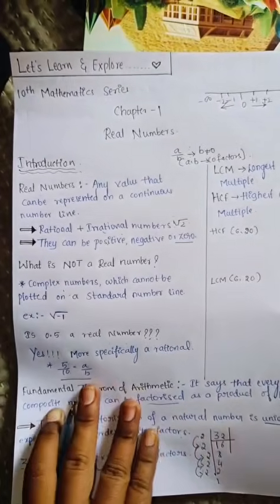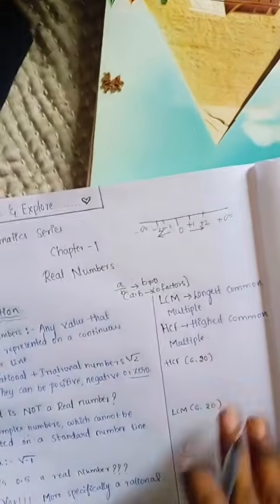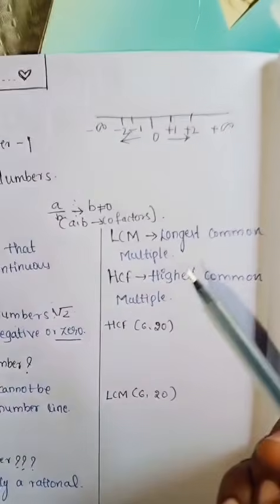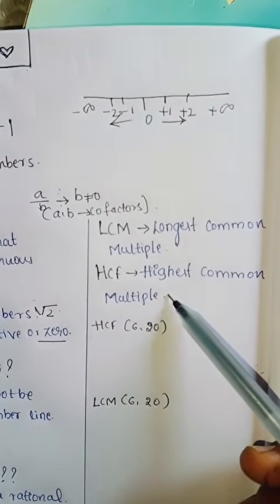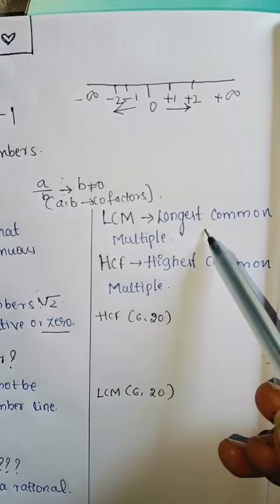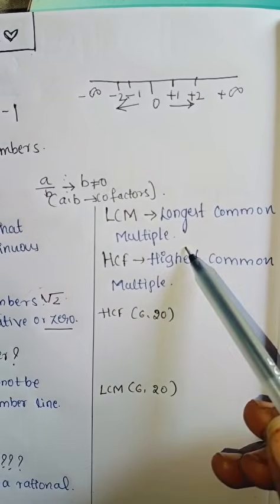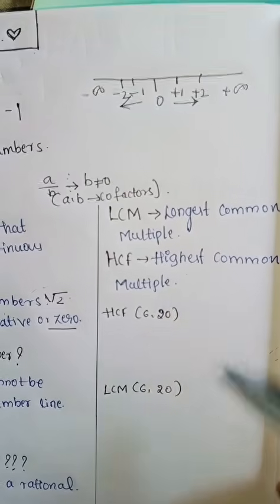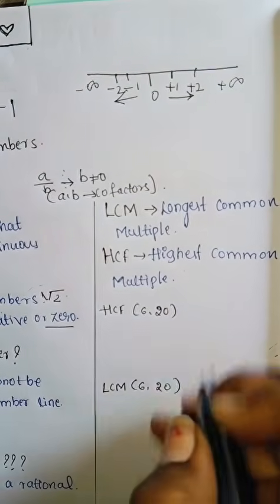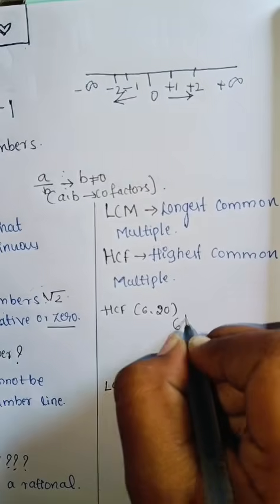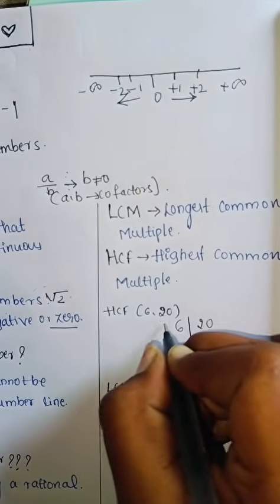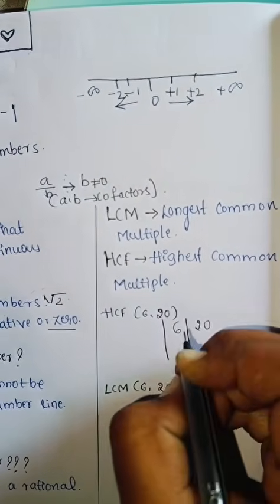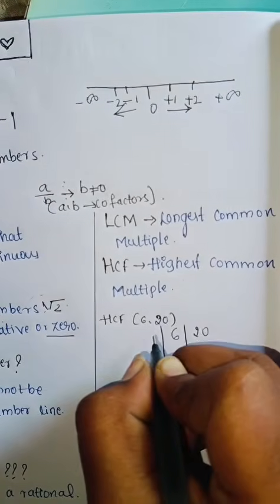Here, one more concept is there in this, that is LCM and HCF. What does LCM mean? It is the least common multiple. What is HCF? Highest common factor. Let us learn what HCF is basically. It is 6 and 20. We can find the HCF of both the numbers.